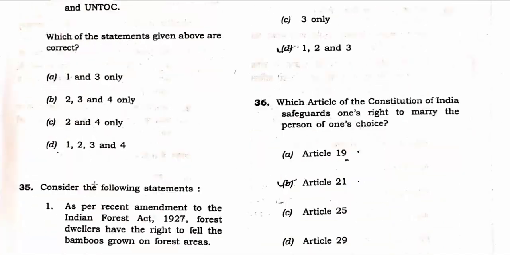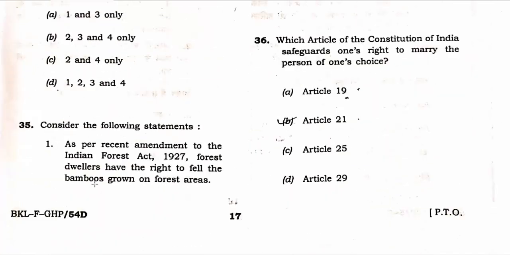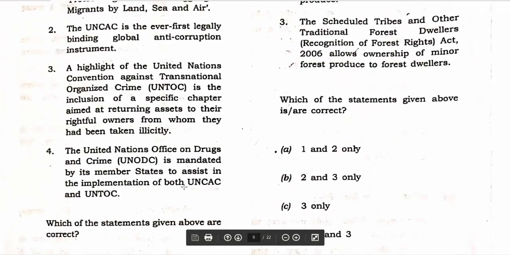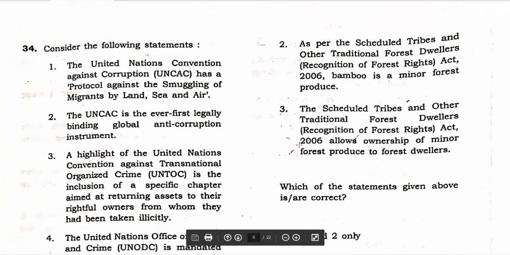Then we have, consider the following statements. As per the amendment to the Indian Forest Act 1927, the forest dwellers have the right to fell the bamboos grown on forest areas. This is one of the statements they have given. And the second statement is, as per the Scheduled Tribes and Other Traditional Forest Dwellers (Recognition of Forest Rights) Act 2006, bamboo is a minor forest produce.